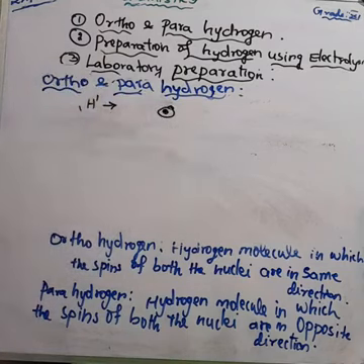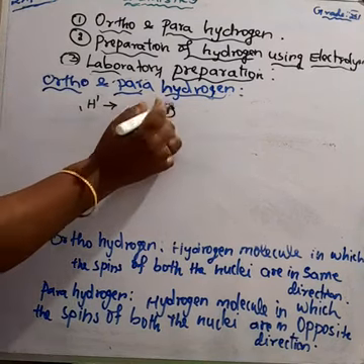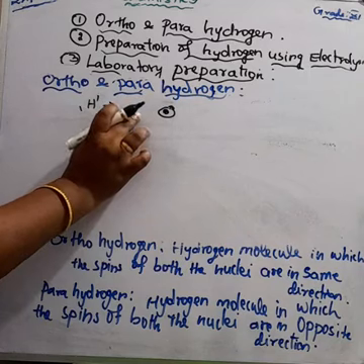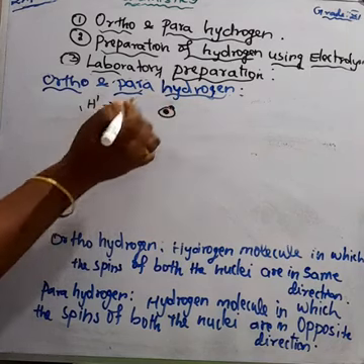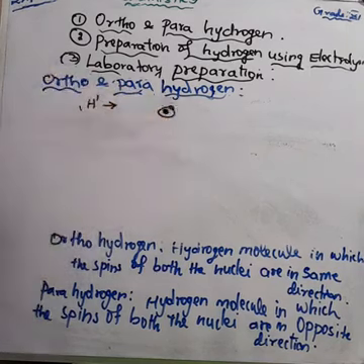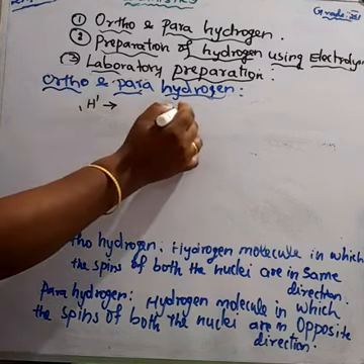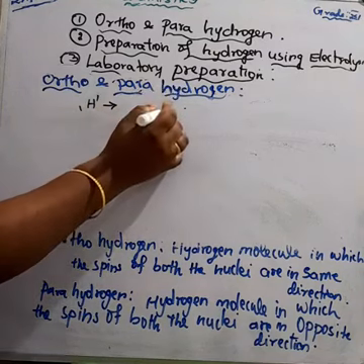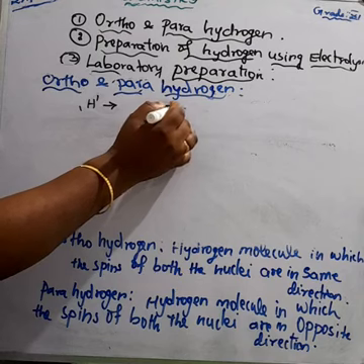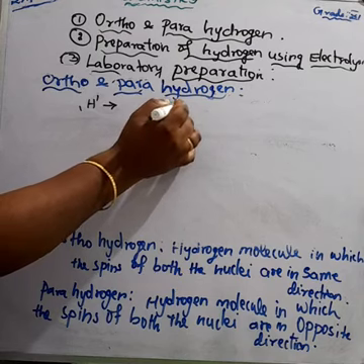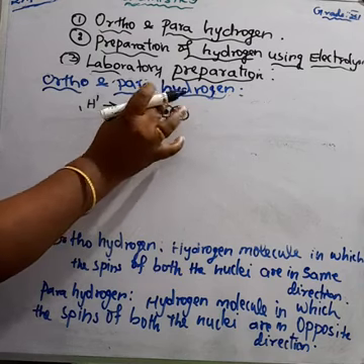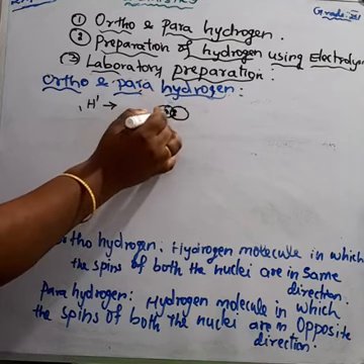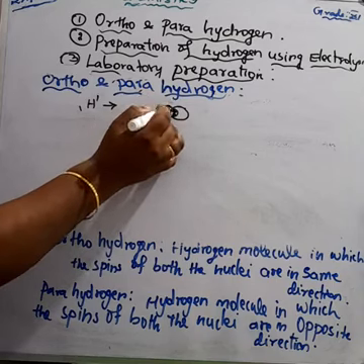So the atomic hydrogen cannot exist in free state because only one electron is present in the outermost orbit. So hydrogen always tries to exist in a molecular form. What is the molecular form of hydrogen? That is H2. Molecular hydrogen is a diatomic molecule. Diatomic molecule means two atoms.